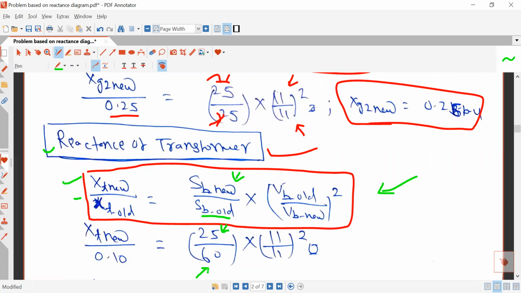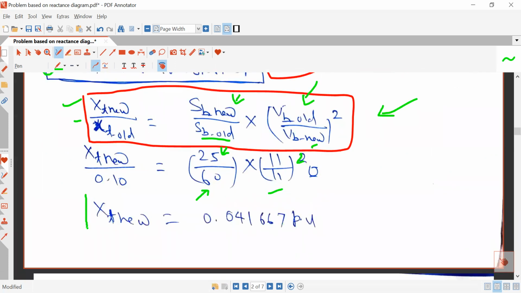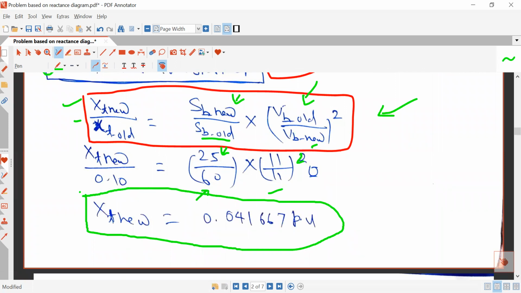You can see in the problem, this is 60 MVA. The old value of the transformer means the rating of the transformer, and since you have considered the transformer in section 1, VB old is 11 kV, and the new value for section 1 is also 11. So 11 by 11 whole square will be 1. In this way you will get this reactance.